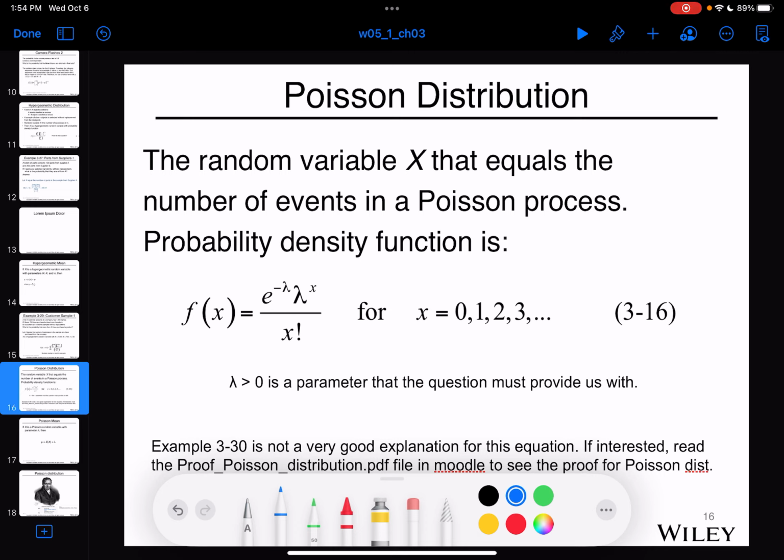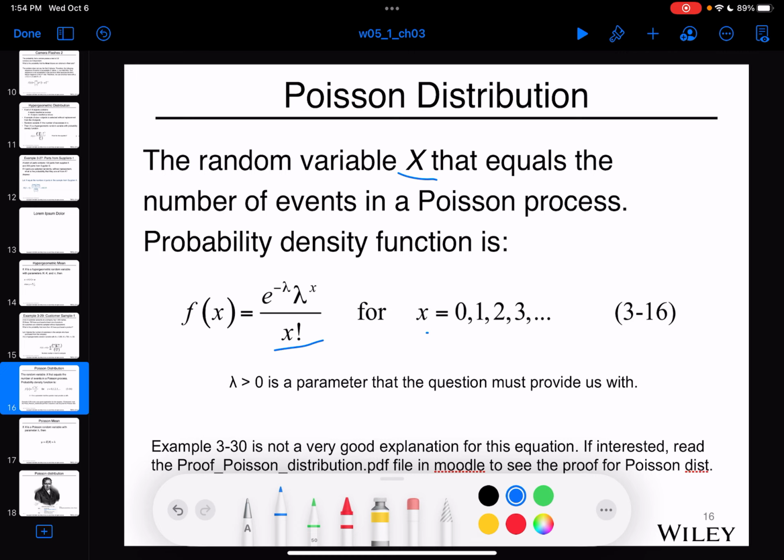So basically, we have a random variable x that is equal to the number of events in a Poisson process, right? And the probability of x is basically this function, e to the minus lambda times lambda to the power x divided by x factorial, and x can be 0, 1, 2, 3, all the way to infinity, right?